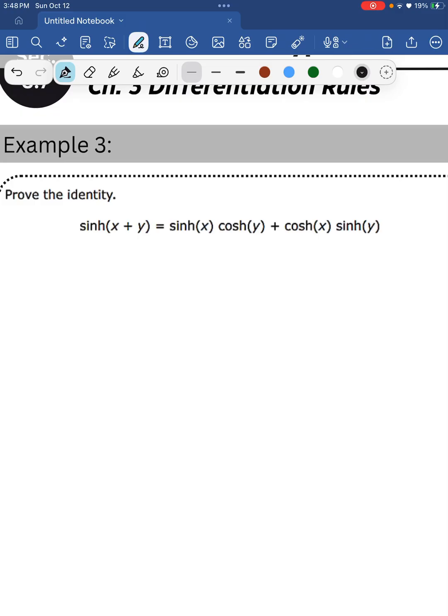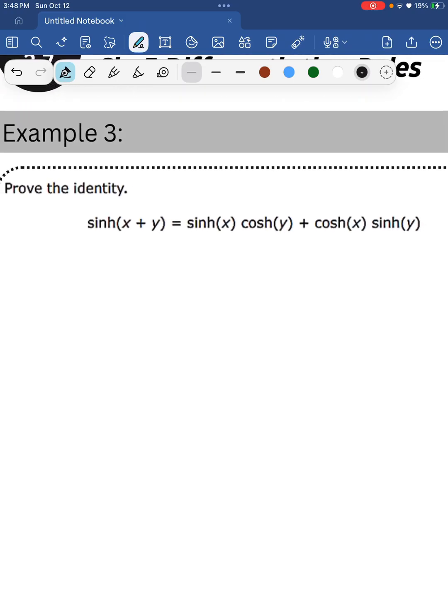So remember that sinh of x is e to the x minus e to the negative x, over 2. So part of the expression is all of this, and we're multiplying that by cosh of y, which would be e to the y plus e to the negative y, all over 2. So this expression can be rewritten as that.